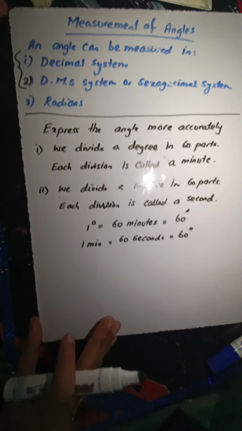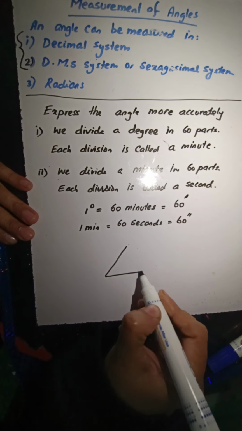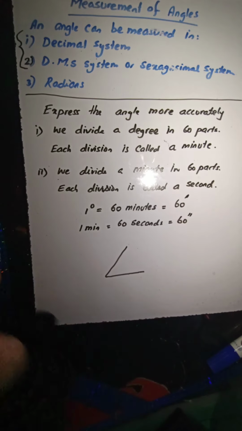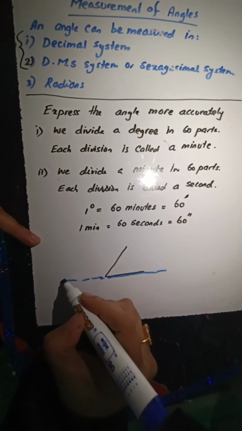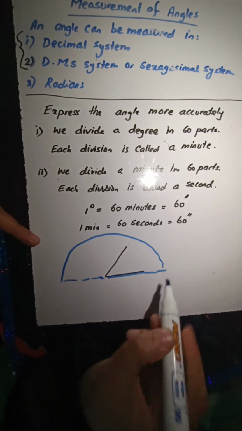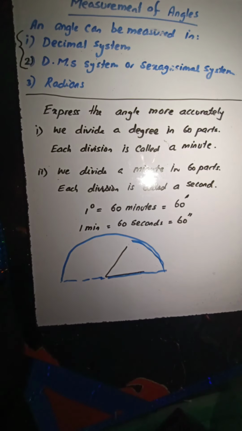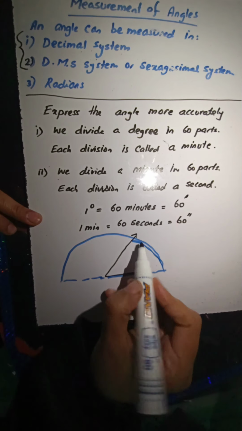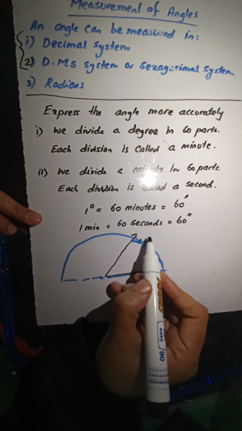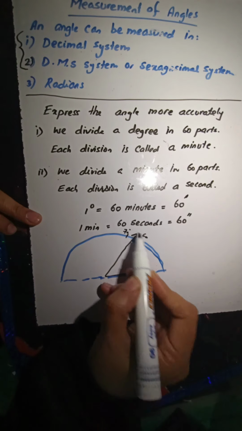Suppose you have the protractor, and suppose this is your angle, and it lies between, for example, 60 and 70 degrees.